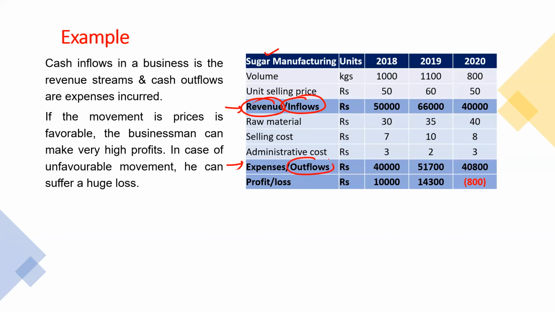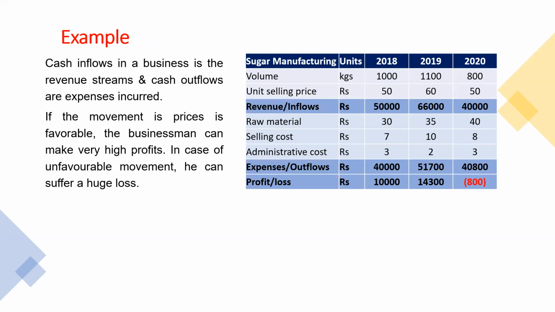When we talk about the outflows, we're talking about the expenses. The difference between your inflows and the outflows is your profit or your loss. Now, if you see here, neither the inflows are stable or fixed or steady, nor the outflows are fixed or steady, right? So both are variable, and because of which our profit or loss varies.